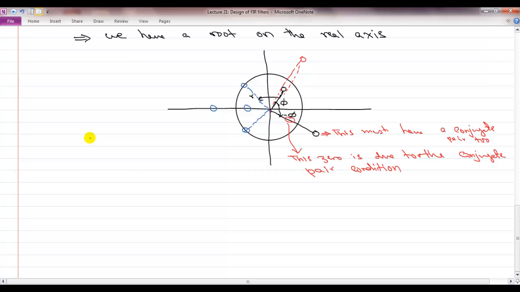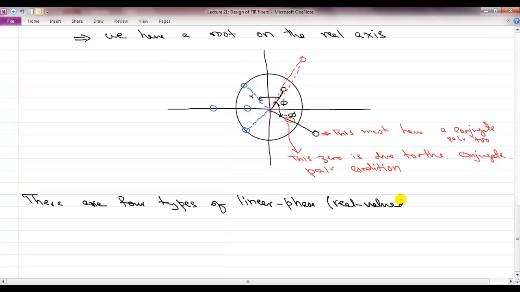We just call them type 1, type 2, type 3, and type 4 FIR filters. So there are 4 types of linear phase real valued FIR filters.